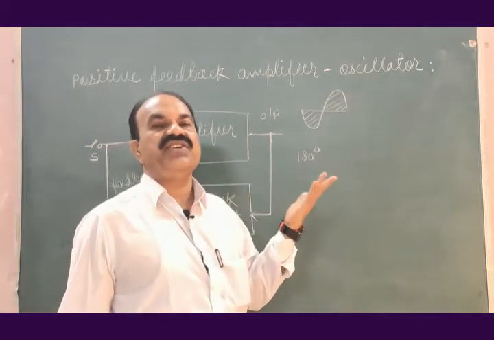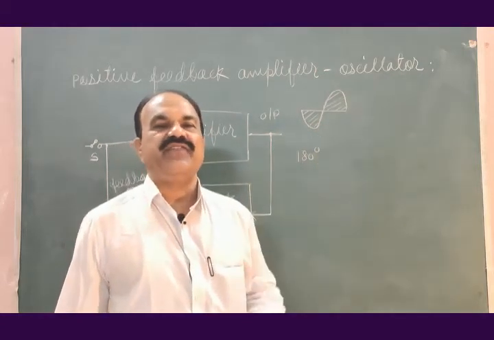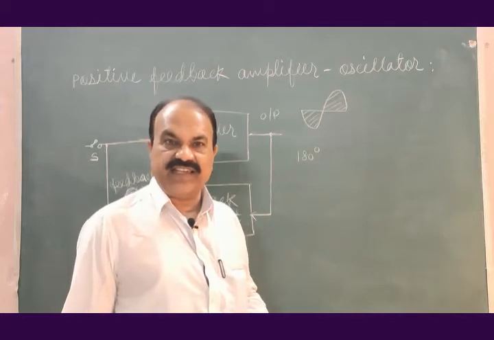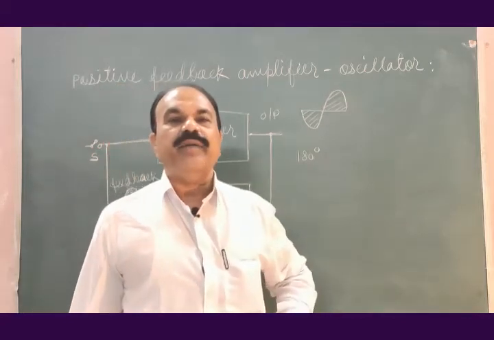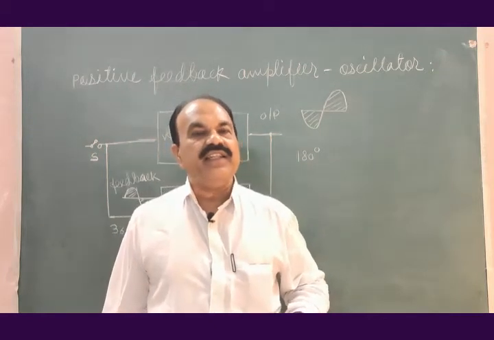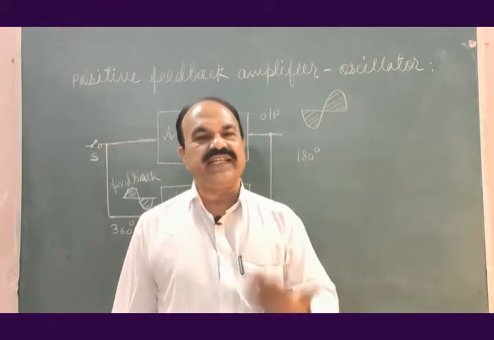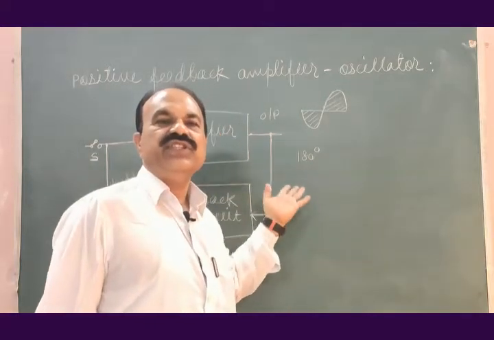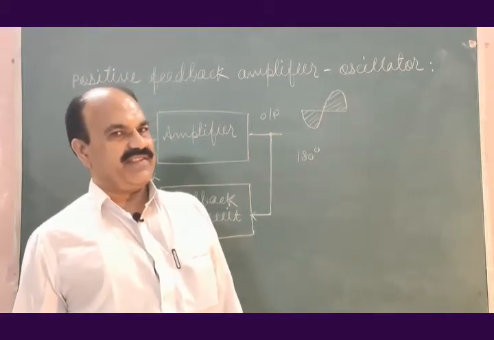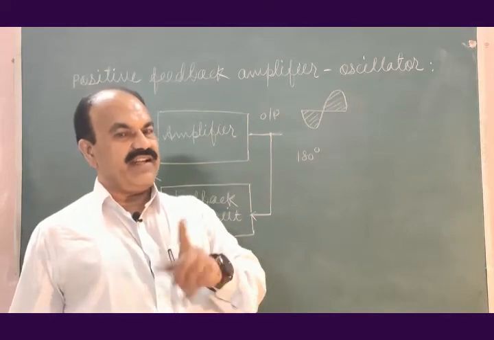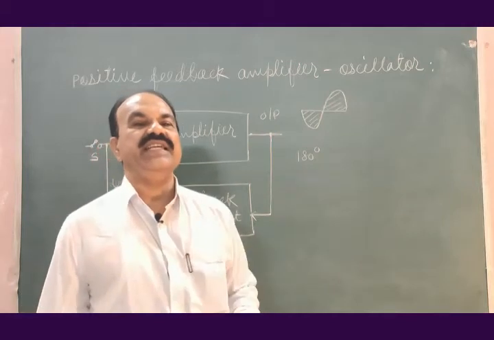As this circuit generates sinusoidal voltage of desired frequency, the desired frequency can be decided by the values of inductor and capacitor used in the tank circuit of this oscillator circuit. That will be the desired frequency. Desired frequency is always decided by values of the components used in the tank circuit.